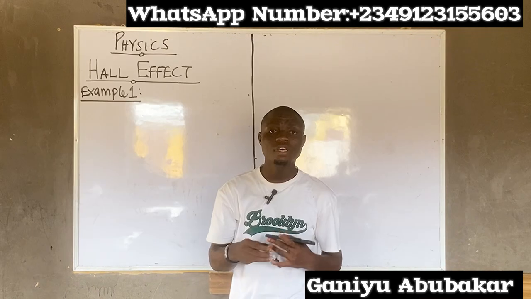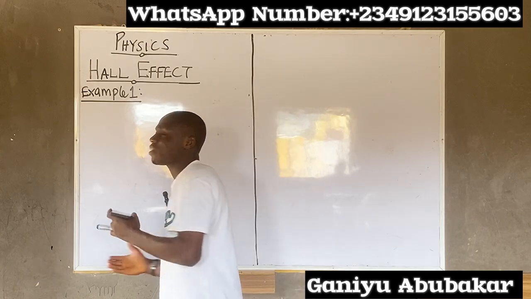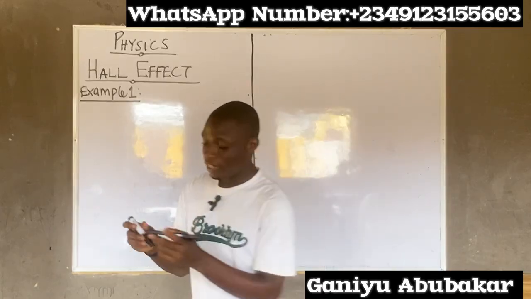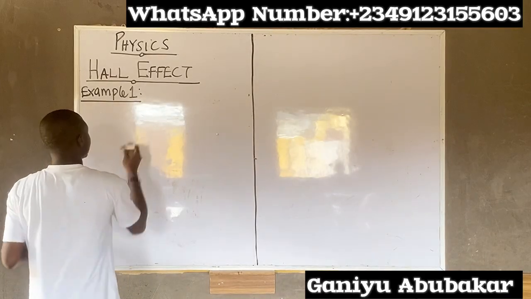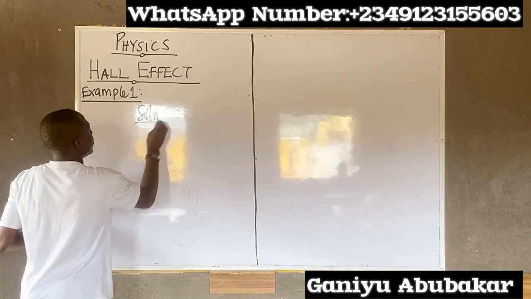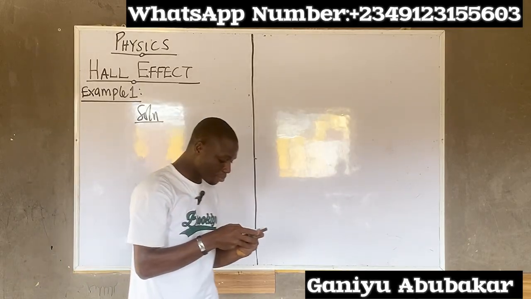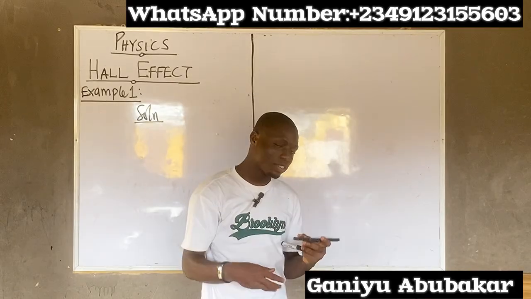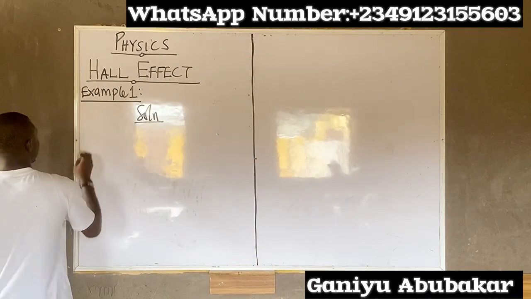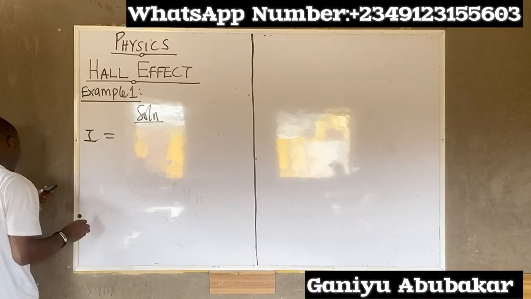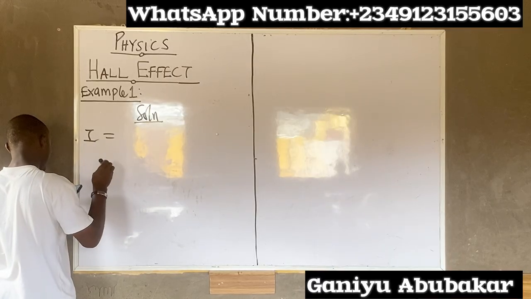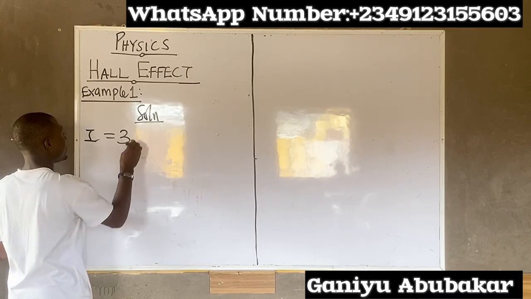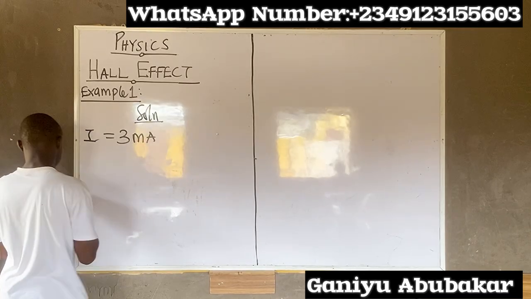First things first, your first task in science is that after writing down the question, list out the parameters. First task there, solution. The given: it says in a Hall effect experiment, a current, so current is I, the value given is 3 milliampere.